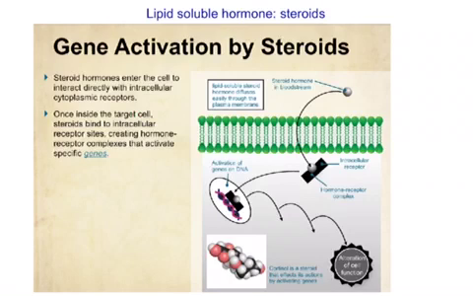Okay, let's just expand a little on how a lipid-soluble hormone such as a steroid like cortisol might work. So again, we begin with the steroid hormone travelling in the bloodstream, but because it's lipid-soluble, it can easily pass through the phospholipid bilayer, and it will then interact with an intracellular receptor.